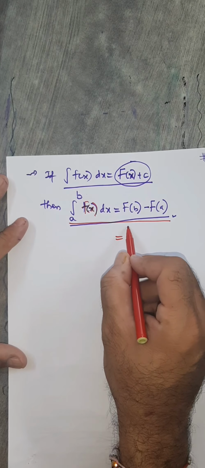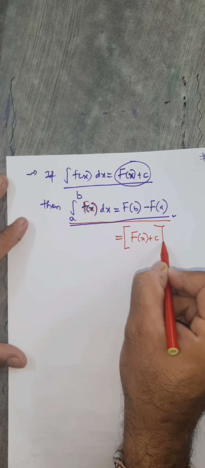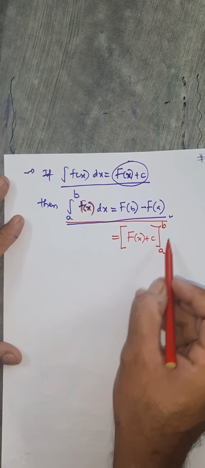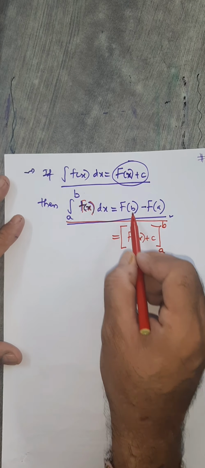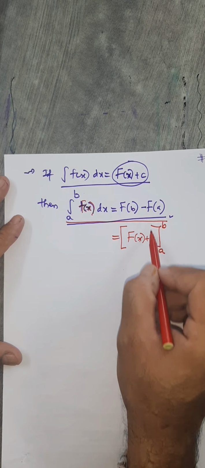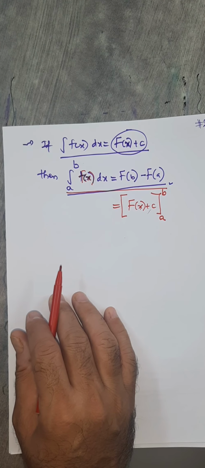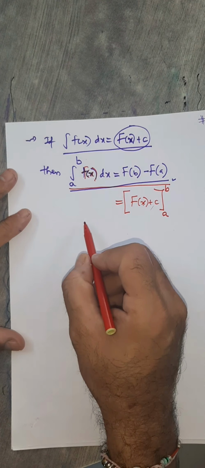This is sometimes also denoted by this symbol. You write the indefinite integral plus c, then here we write a and here we write b. Then in this expression instead of x you put b, minus instead of x you put a. C will get cancelled, as you will see once we do some examples. This is the only definition, remember.